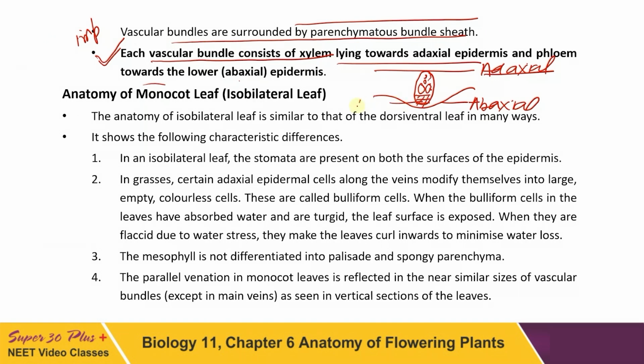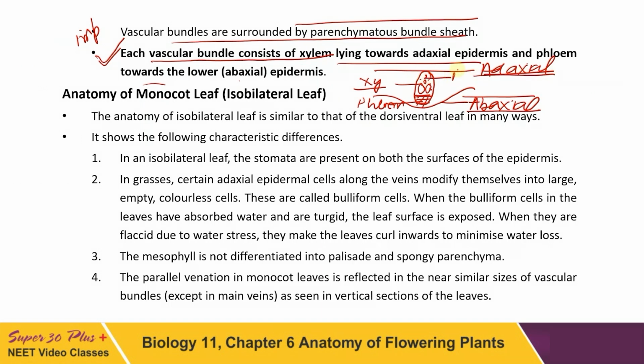Remember, children, this one is phloem, and this one is xylem. Because these are joined together, this is conjoint. Cambium is absent, that's why this is closed. And one more time I am telling you, phloem is towards the lower, abaxial side, and the xylem is towards the adaxial side.